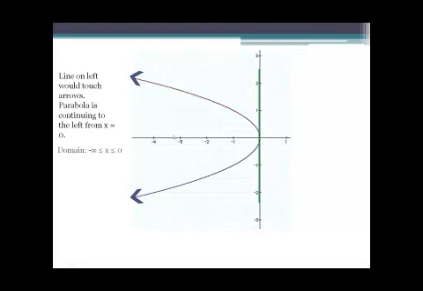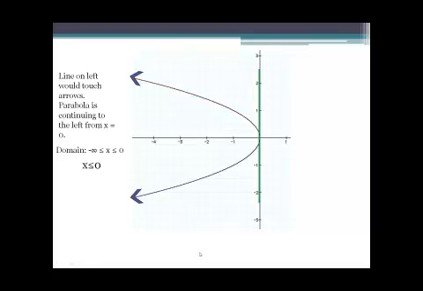So your domain should have started at -infinity because we're continuing outward to the left, and it should have ended at 0. Remember, we always start with the lowest values and move toward the highest values. So the domain would be all x values less than or equal to 0.